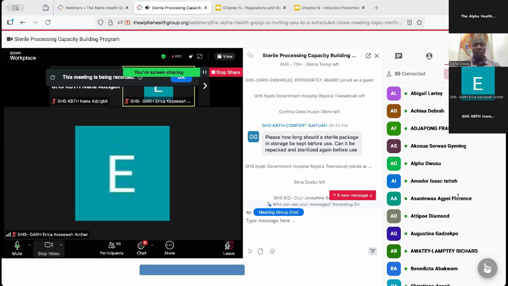We can come up with one policy and say the sterility life is 6 months, which means if we sterilize the instrument and it is not used for 6 months, we have to go back and reprocess it. The other way is the containers that some of us are using, the Aesculap containers.